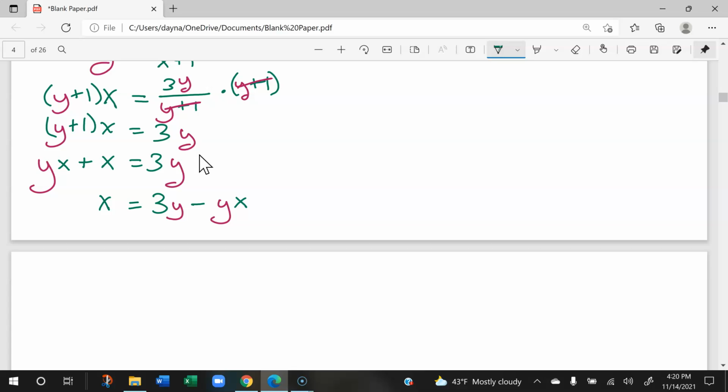The reason I'm doing this is I'm trying to get all the y's on one side. Now again, I don't want to divide both sides by a y because then I get x in the denominator and everything else. So what I want to do here is you'll notice that both terms have a y.